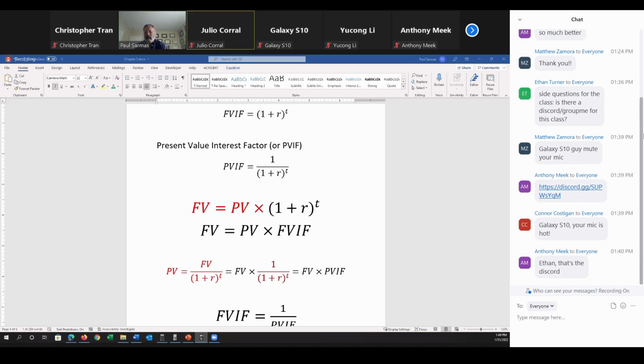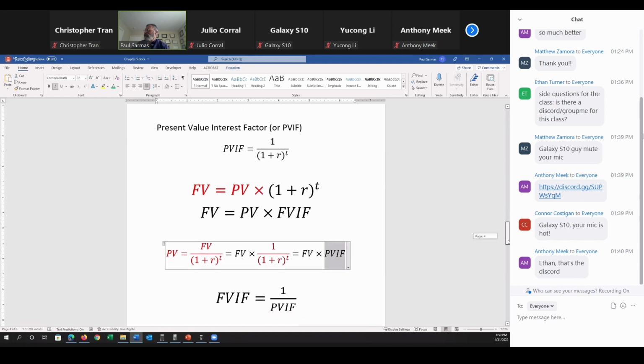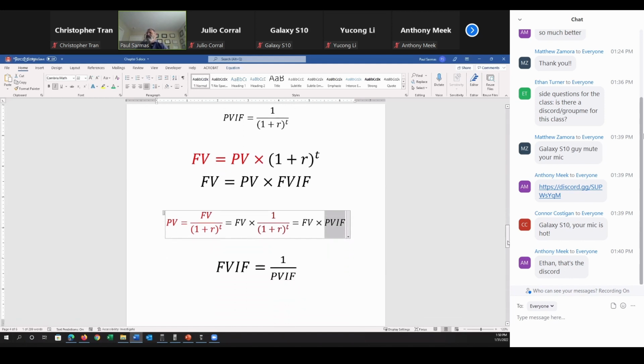That's correct. Table A1 is FVIF, future value interest factor. Table A2 is present value interest factor. And you can see that they are inversely related. If you invert PVIF, you get FVIF. If you invert FVIF, you get PVIF.